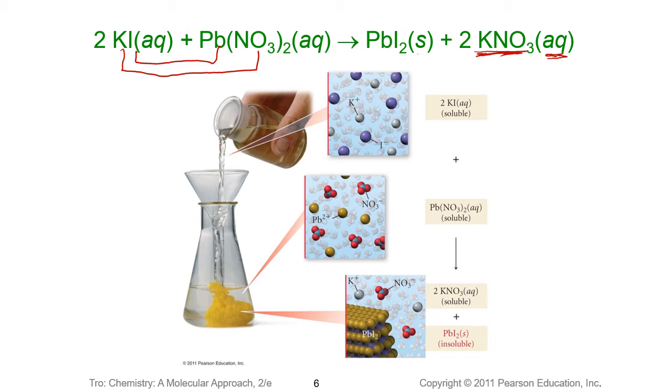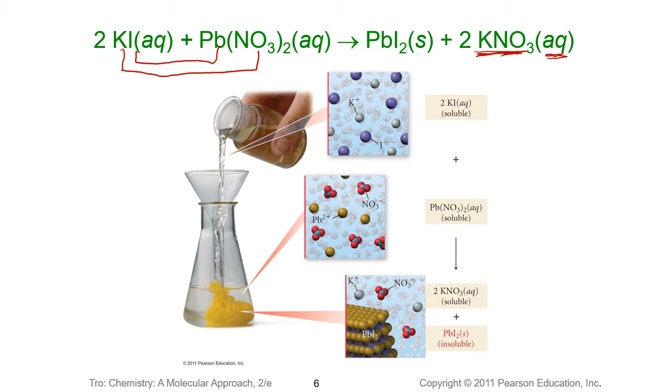If we think about what's going on in the net ionic equation, we've got potassium ions and iodide ions in one solution. We've got lead ions and nitrate ions in the other. And when they combine, our potassium and nitrate are going to be our spectator ions, but the lead iodide is going to be our insoluble product that has strong enough interactions that it overcomes the forces of the water holding it in solution and falls to the bottom as a solid.